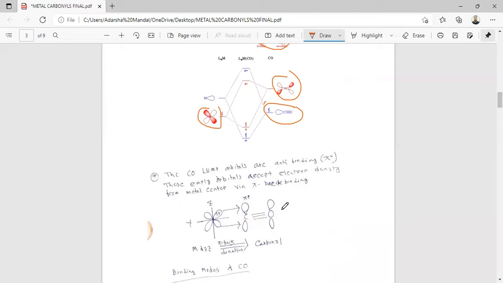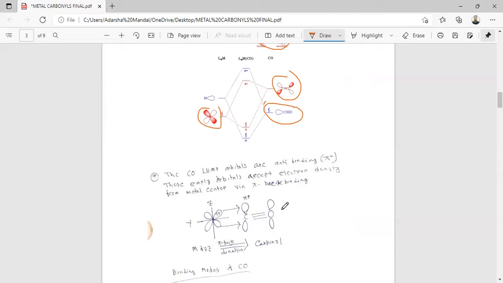So there is back bonding between the metal and carbon. The extent of back bonding, meaning how much back bonding is formed, depends totally on the electron density of the metal. If the metal electron density varies, that will vary the extent of pi back bonding.